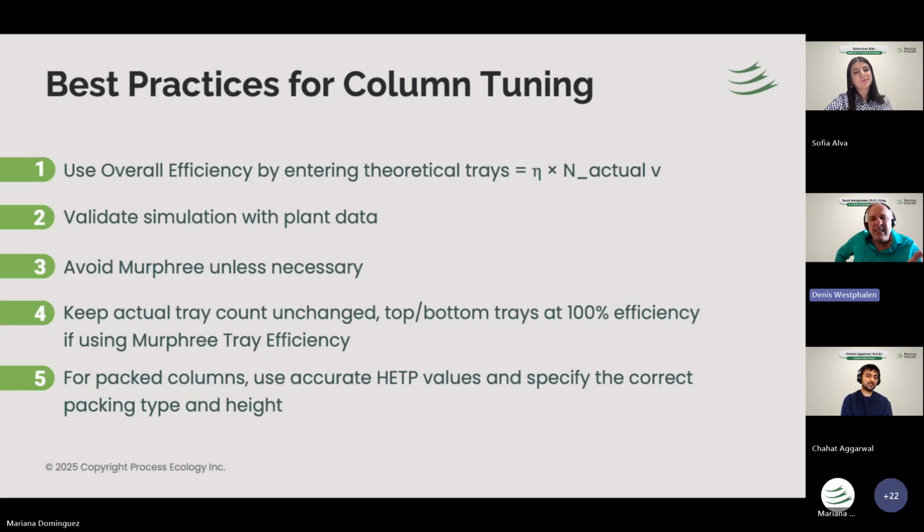Some people have this misconception that the Murphree efficiency, because it's a continuous number, where you can specify 0.74, 0.75, gives you the illusion of a continuous adjustment, so it's more precise. It's not. It really is not that great. So in the big scheme of things, for that packing section, use 4 or 5 trays, and that's going to be more effective than trying to play with an additional Murphree tray efficiency.